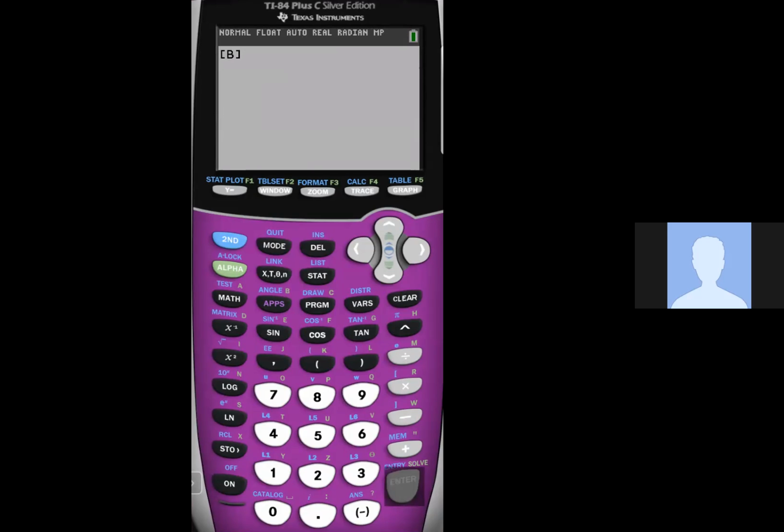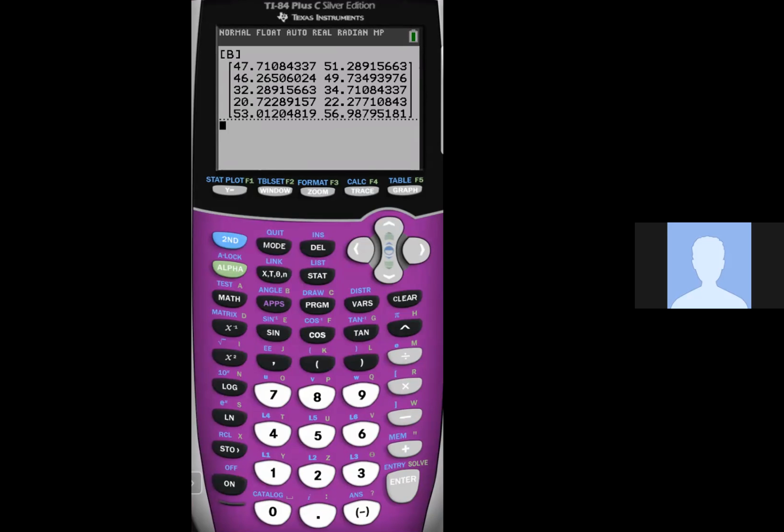So just hit B and then enter. Sorry, my phone froze. Okay, here we go. So this is the expected counts.